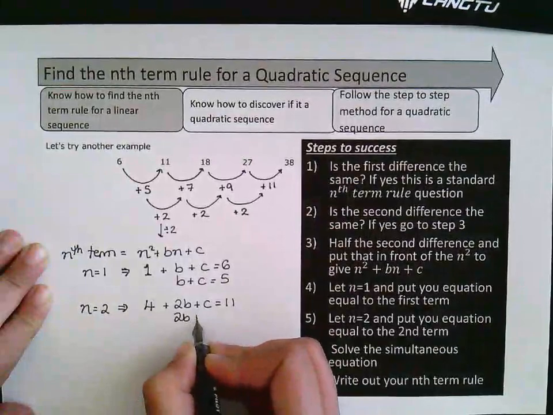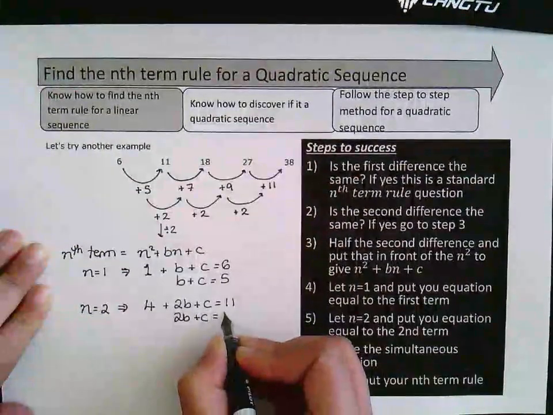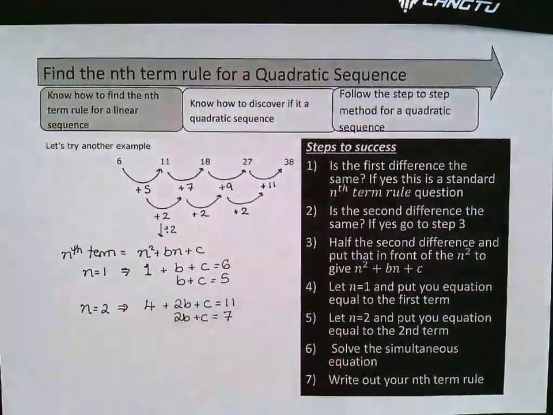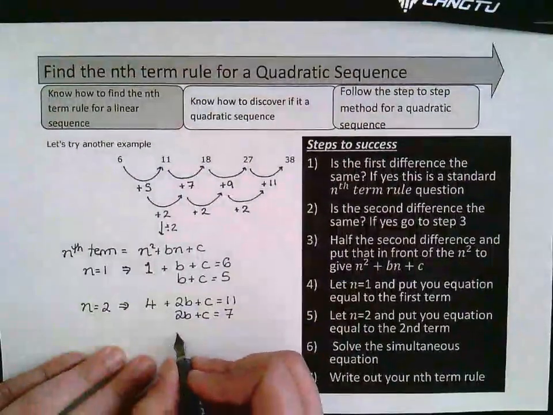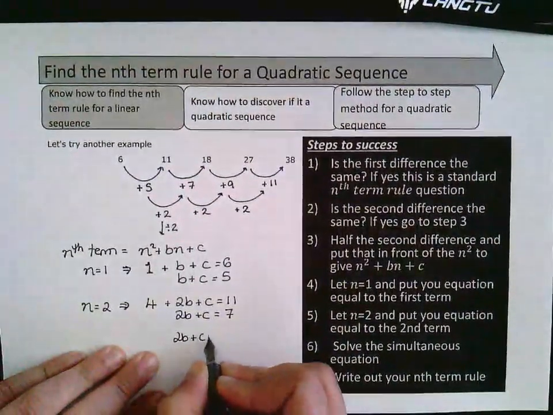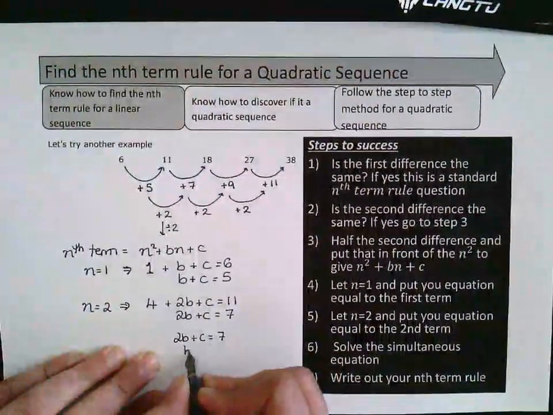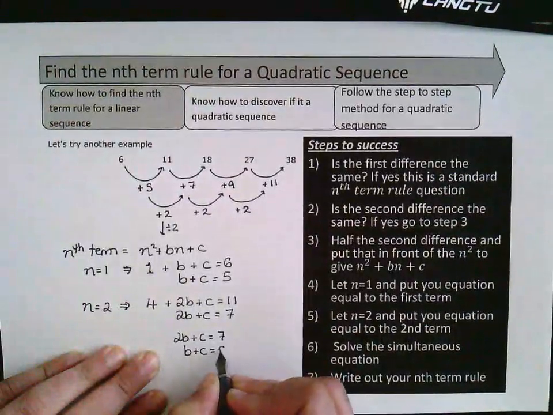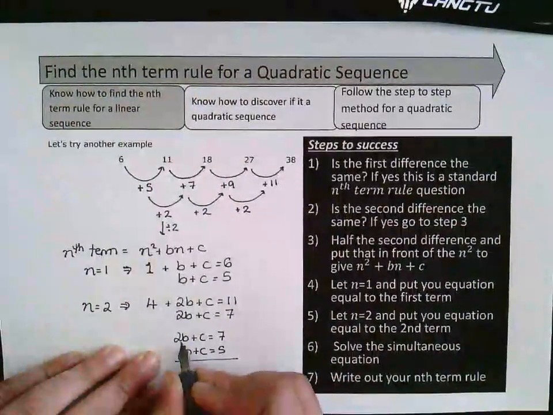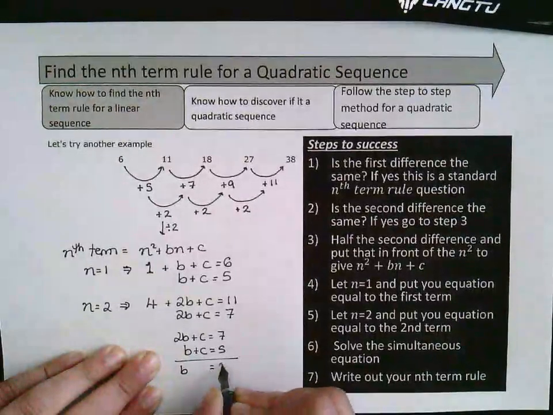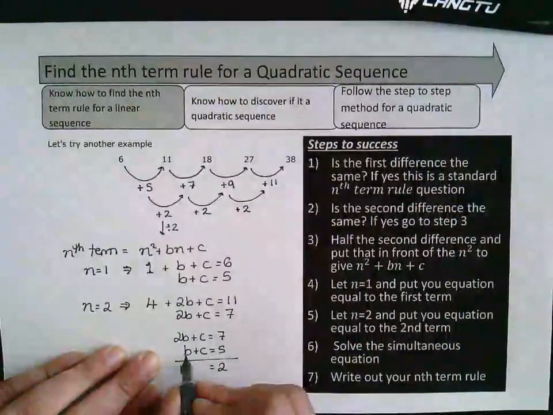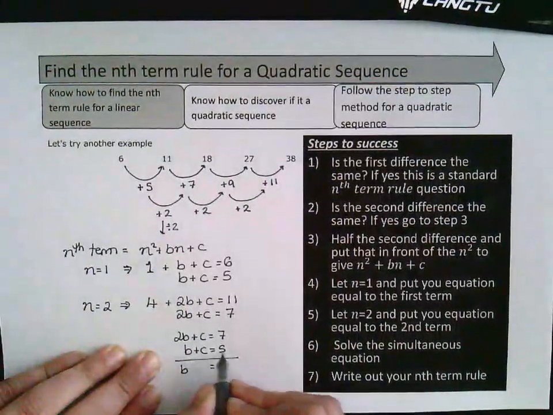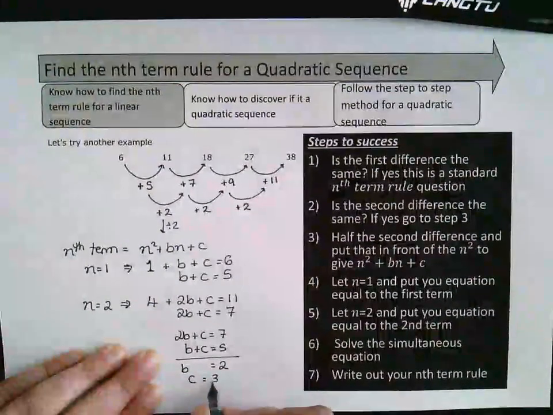So 2b plus c will equal 7. Notice now they don't match. So 2b plus c equals 7, b plus c equals 5. Subtract. In this case, b is 2. We can then look at this. If b is 2, c has to be 3.